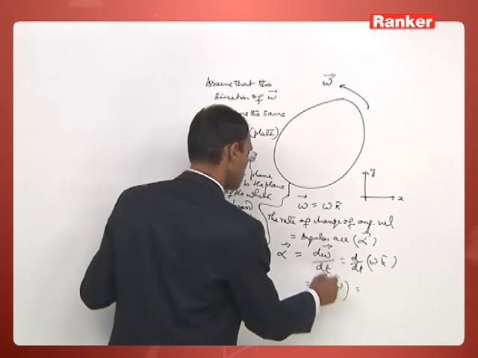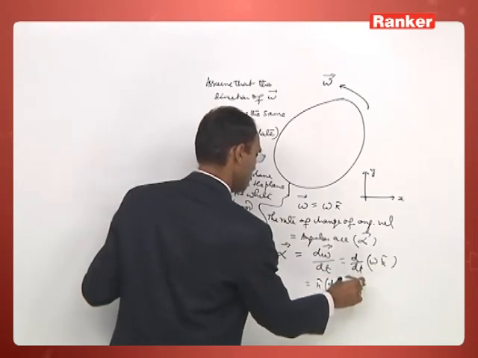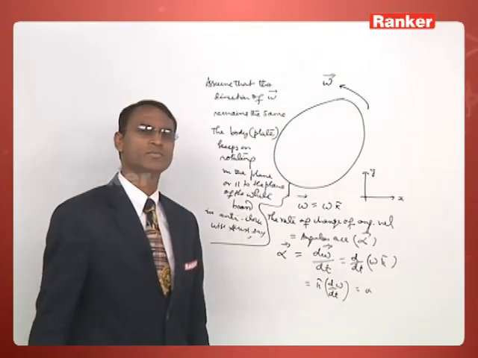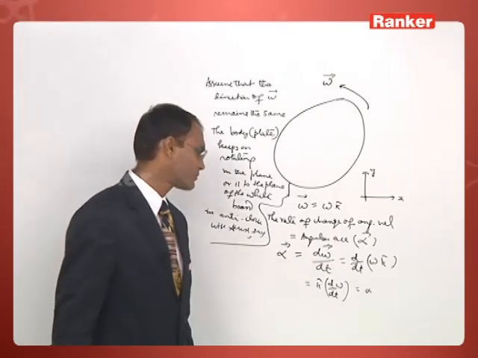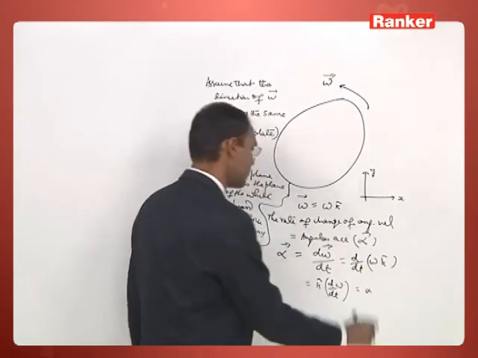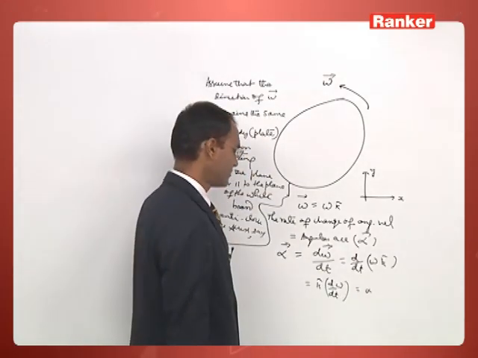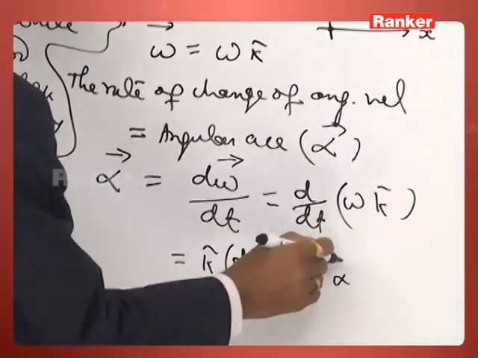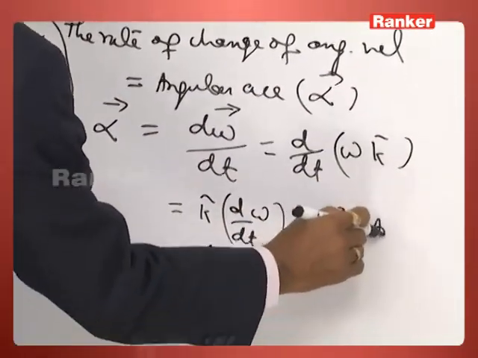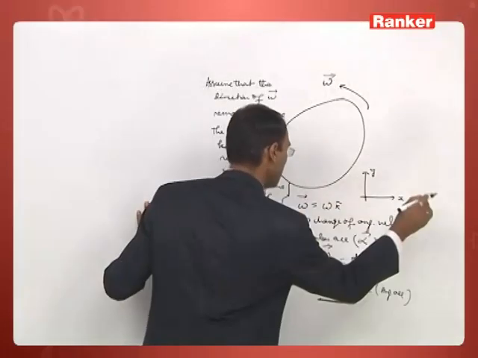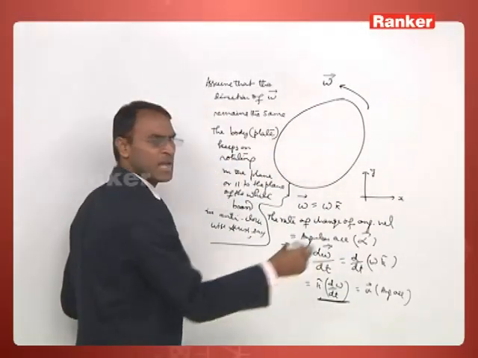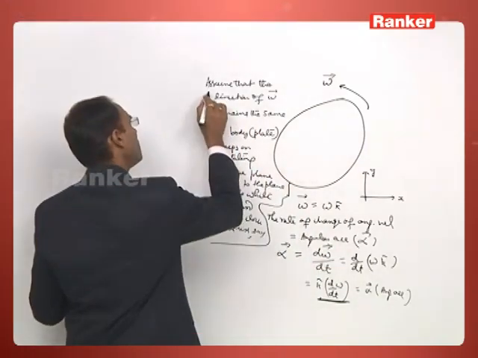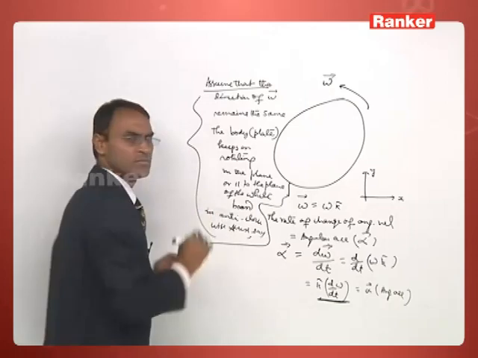Now we can call it alpha. This may give us some wrong impression. This quantity we are getting, no doubt alpha vector is the angular acceleration, but this is not complete alpha. This is the angular acceleration based upon this assumption.